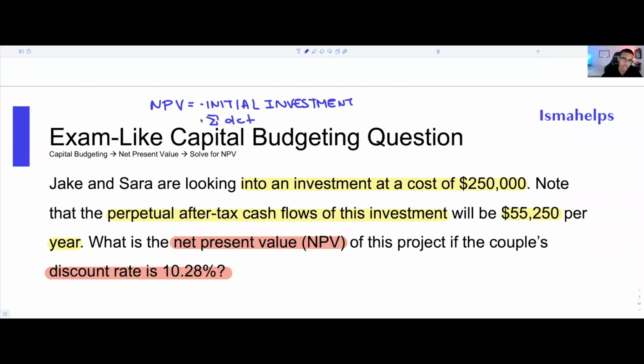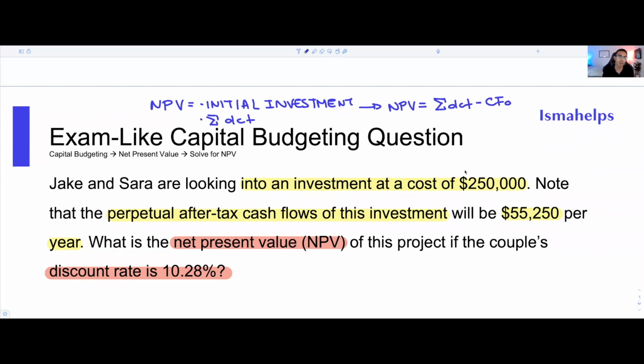So really, we're looking at these two buckets. Your initial investment is money that you spent today, and the present value of your future cash flows, we could write as the sum of your discounted future cash flows. And you could write this as NPV is equal to the sum of your future discounted cash flows minus your initial investment, which we're going to coin as C of 0.